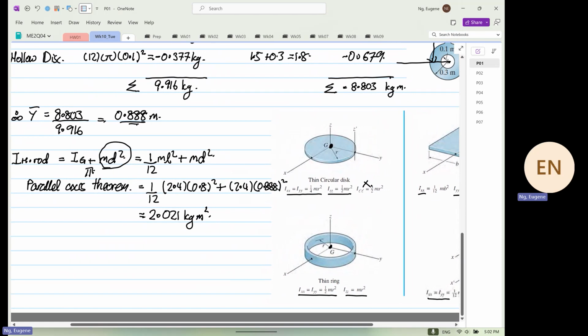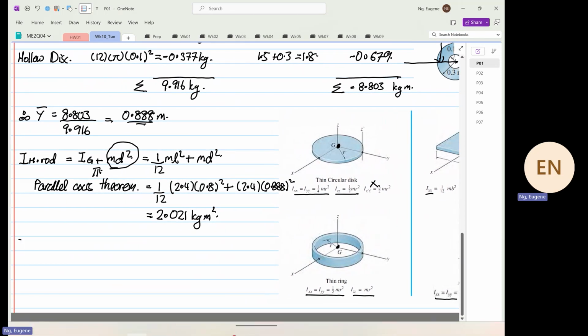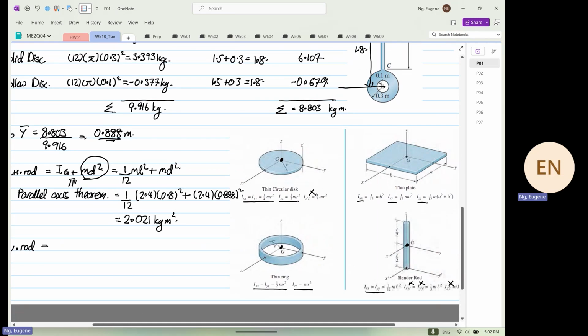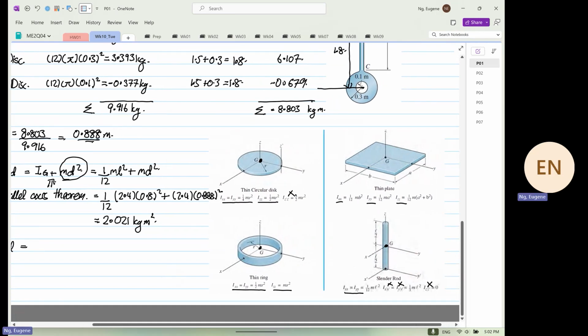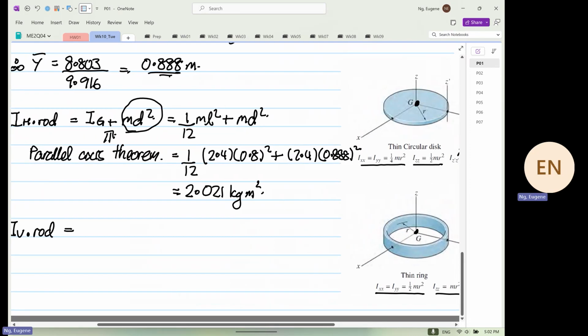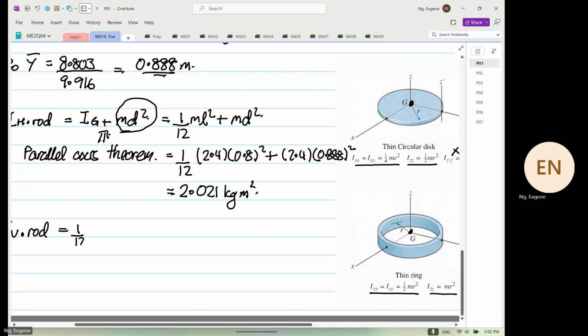So the next thing we look at is the vertical rod. For the vertical rod again, we use the center of gravity formula, 1/12 ml squared, so the formula is the same. ml squared plus md squared.